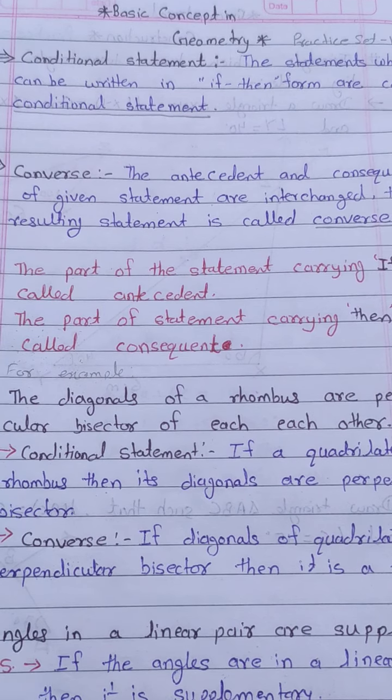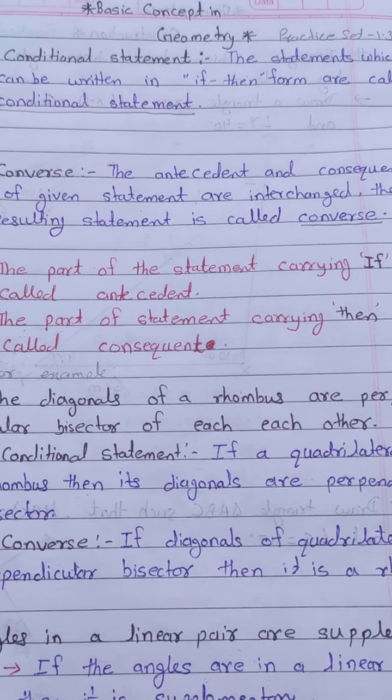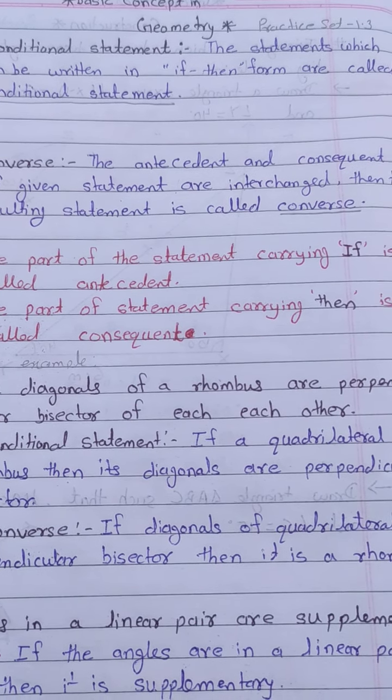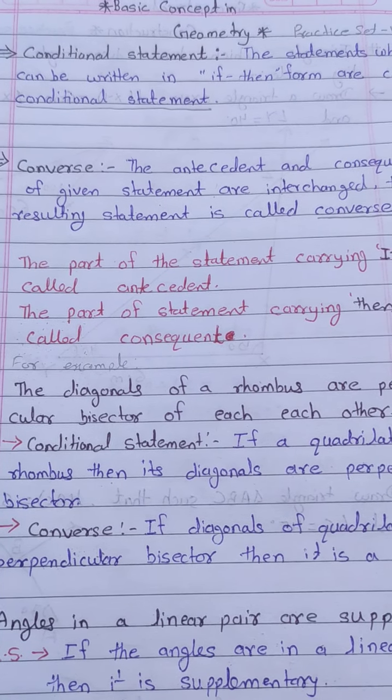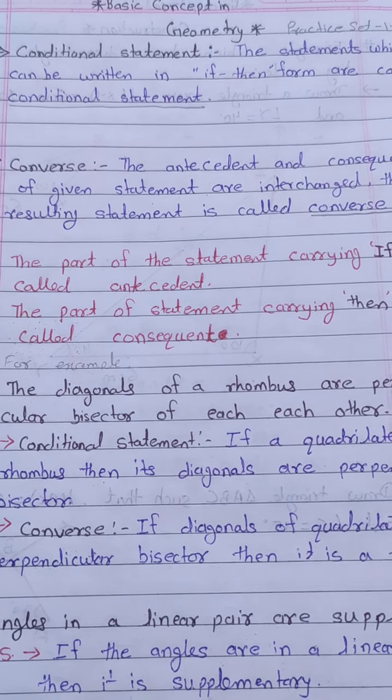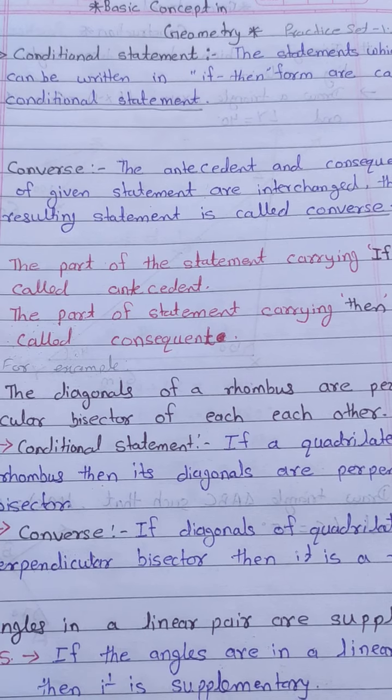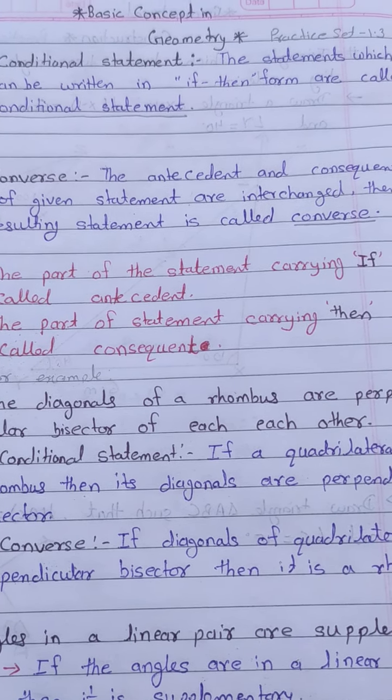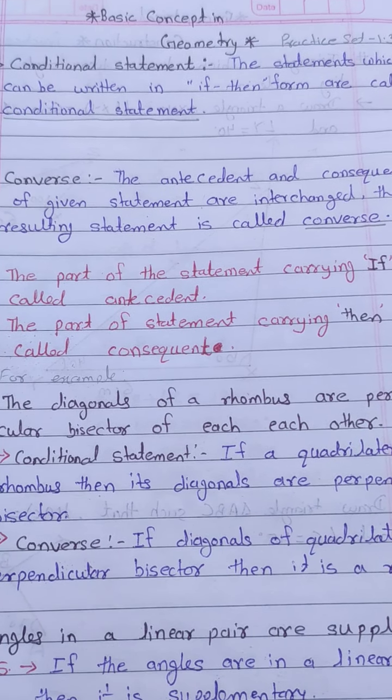And what is a converse statement? If the antecedent and consequent of the given statement are interchanged, then the resulting statement is called the converse statement.